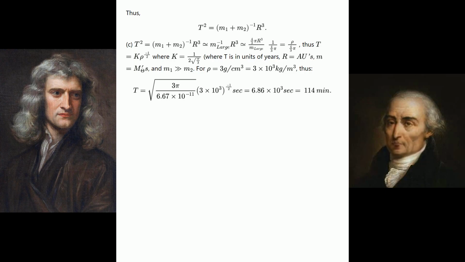Thus T equals k rho raised to the minus 1/2 power, where k equals 1/2 the square root of π over 3, where T is in units of years, r equals AU's, M equals solar masses, and m₁ is much greater than m₂. For rho equals 3 g/cm³ equals 3 times 10 cubed kg/m³. Thus, see the equation shown.